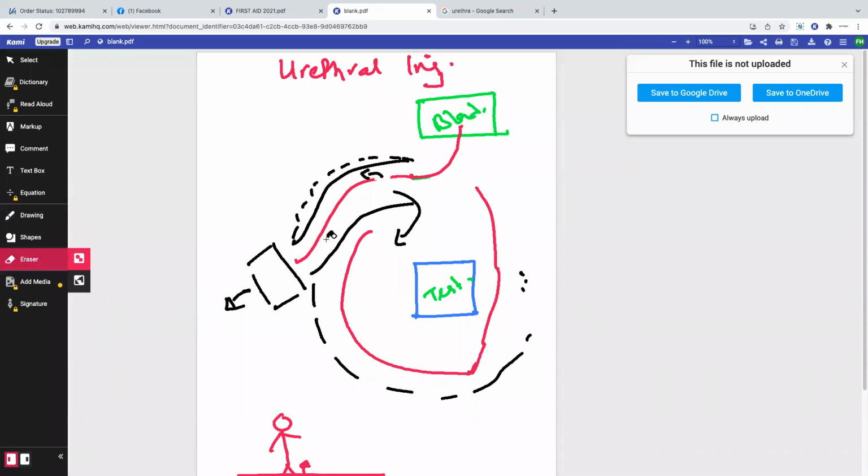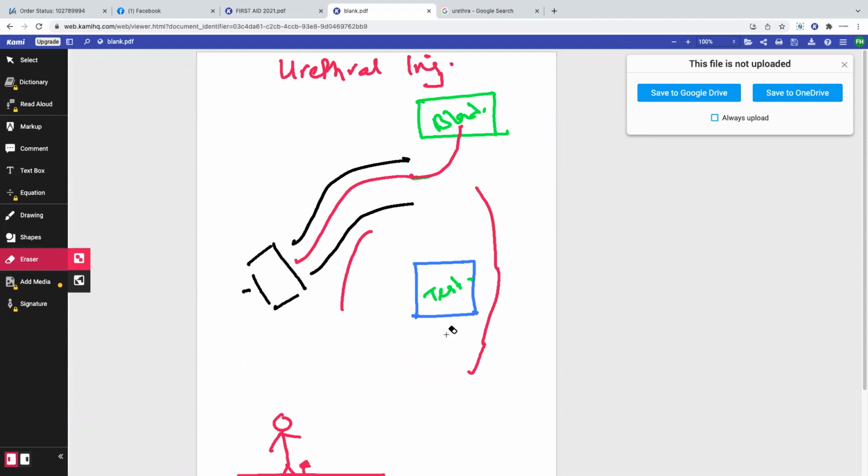What is another sort of urethral injury? Another sort of urethral injury that can happen is, for example, a patient who has undergone a car accident. After the car accident, they have a fracture of their pelvis. If they fracture their pelvis, a piece of the pelvic bone can directly hit the urethra like this.